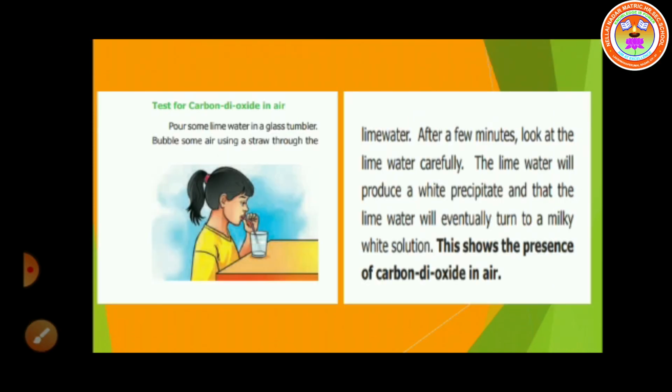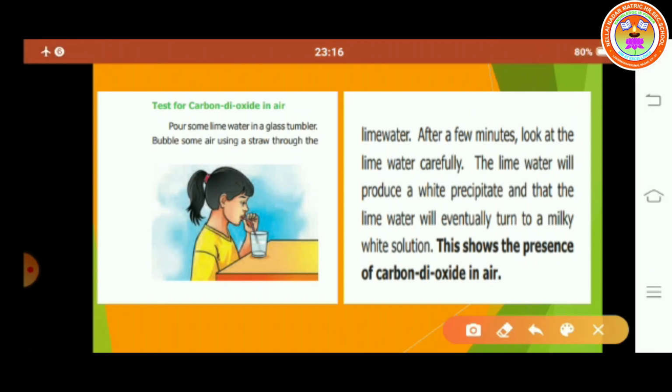So this is the chemical equation for respiration in animals. And how do we prove the presence of carbon dioxide gas? Let us see one test for carbon dioxide in air. Pour some lime water in a glass tumbler. Bubble some air using a straw through the lime water because we exhale carbon dioxide gas.